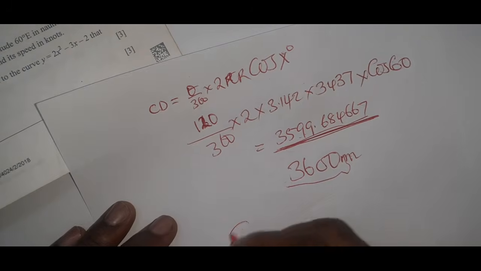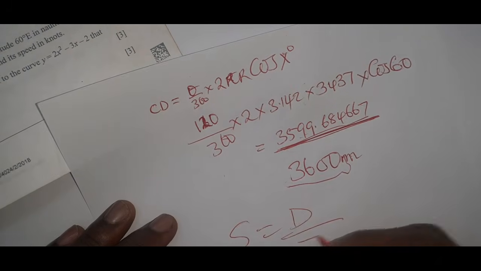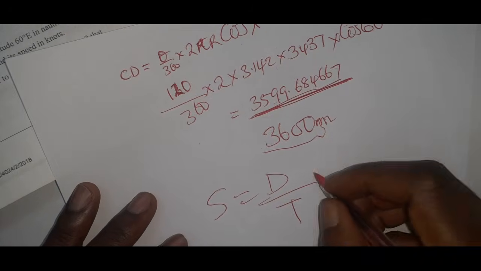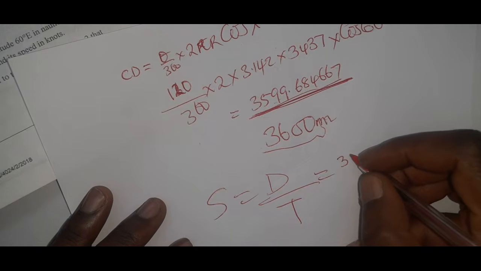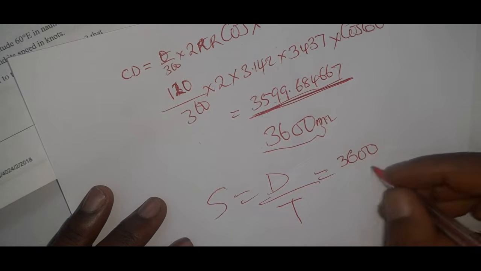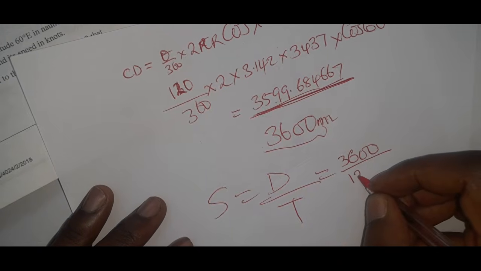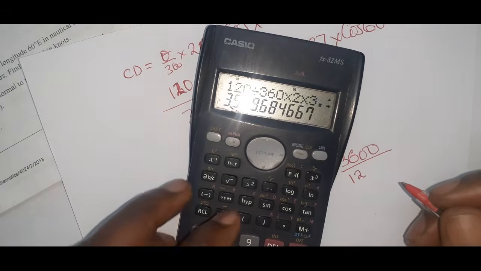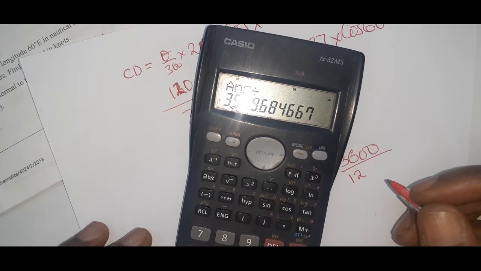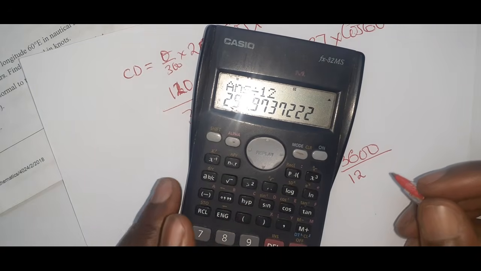We say speed is equal to distance over time. That's what we say, isn't it? So what is our distance here? Our distance is 3600, isn't it, over 12. So you can divide this one by 12.